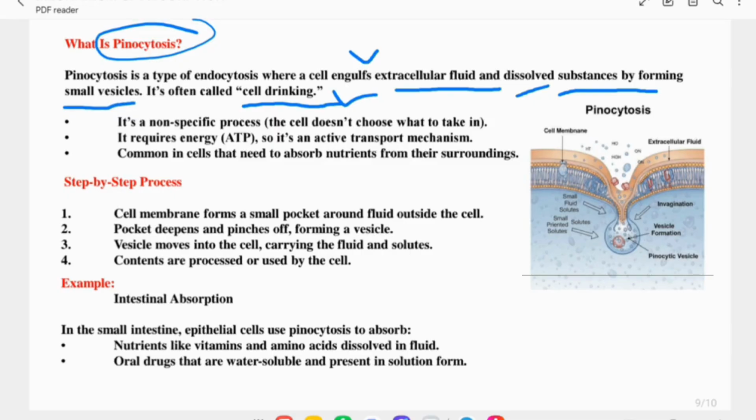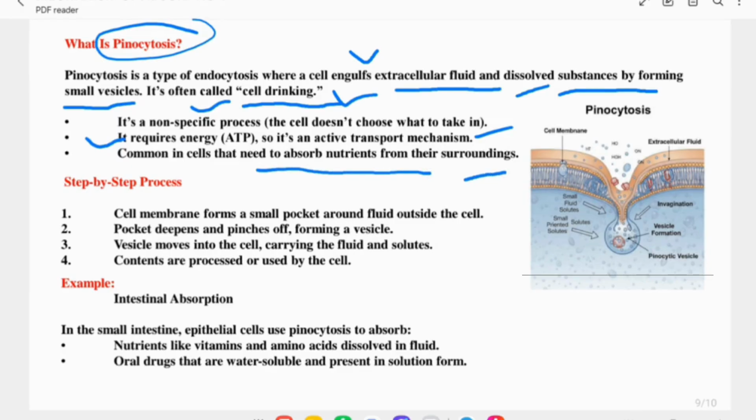The key features of this mechanism: it is non-specific, that is, it does not have any specific selection. It requires energy, that is ATP molecule, so it is an energy dependent mechanism. Common cells need to absorb nutrients from their surroundings.